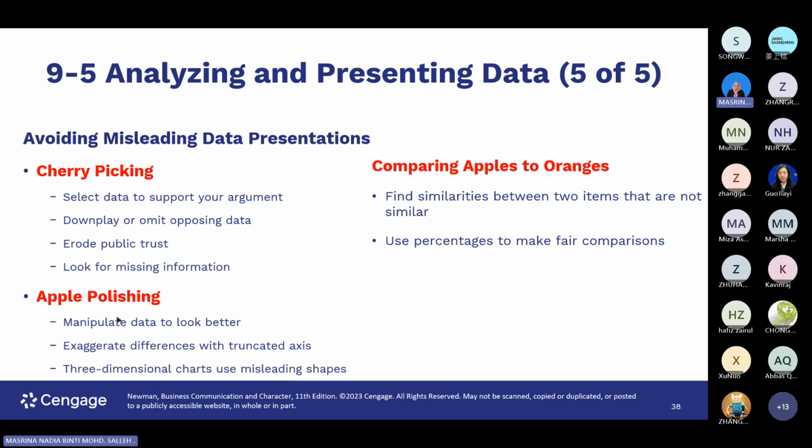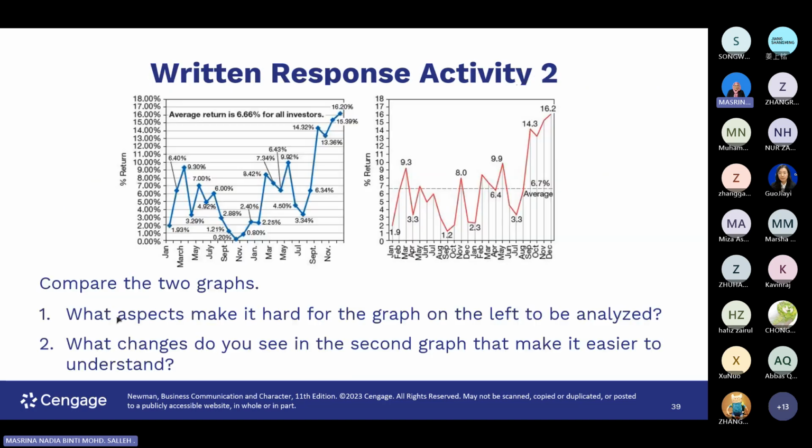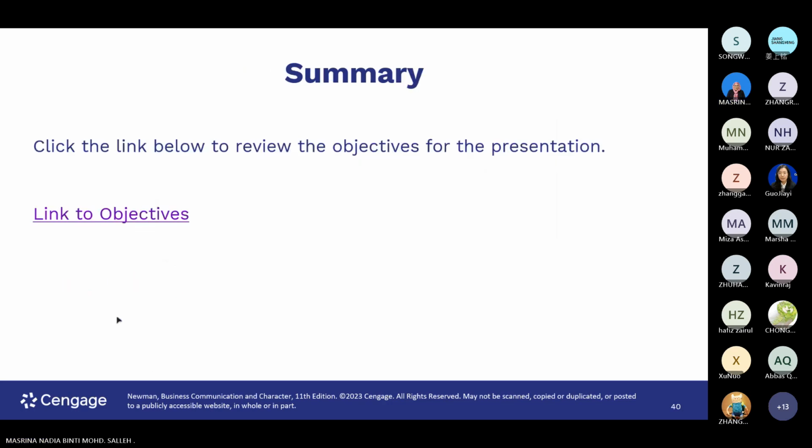It all depends on the respondents, because we are collecting the data from them. Some researchers might get significant results, some get insignificant results. So there's no wrong and right. Don't polish or manipulate your data to make it look better.